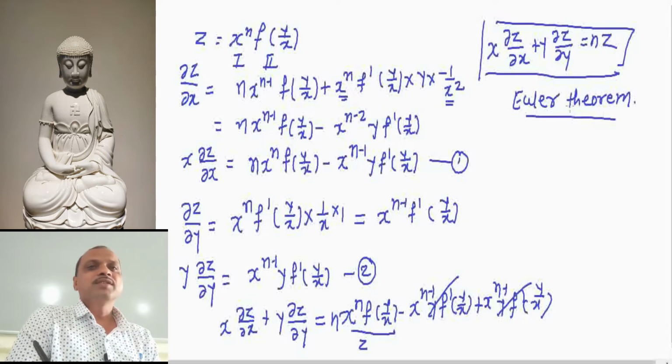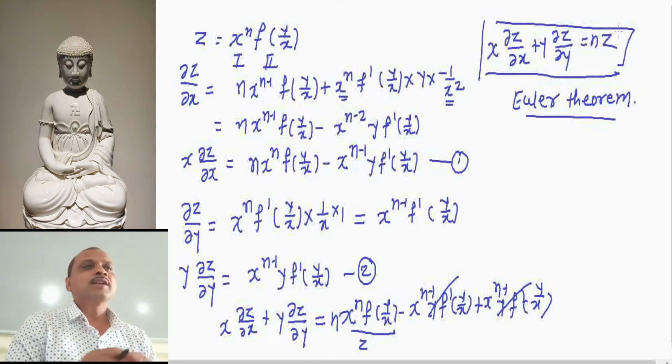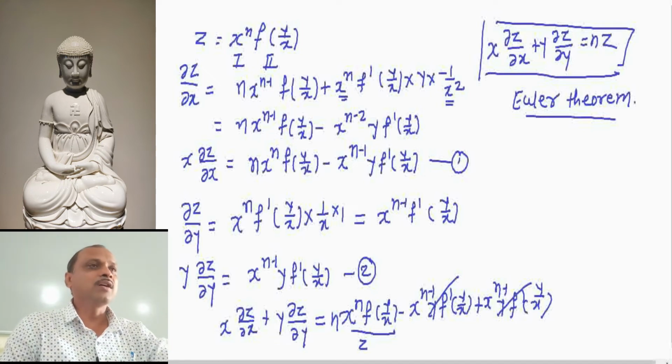So what is Euler's theorem? When there is a function of nth degree and derivative of this, then x into del z by del x plus y into del z by del y equal to n into z. This is known as Euler's theorem.